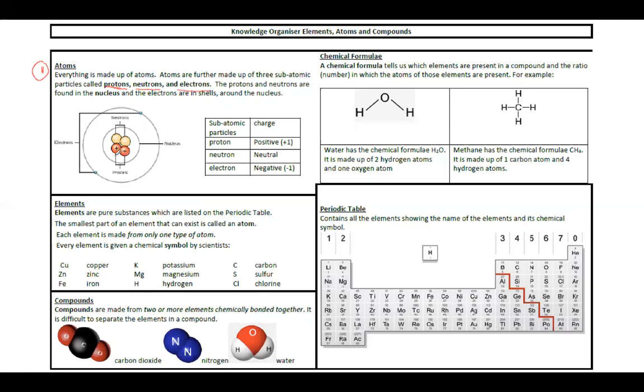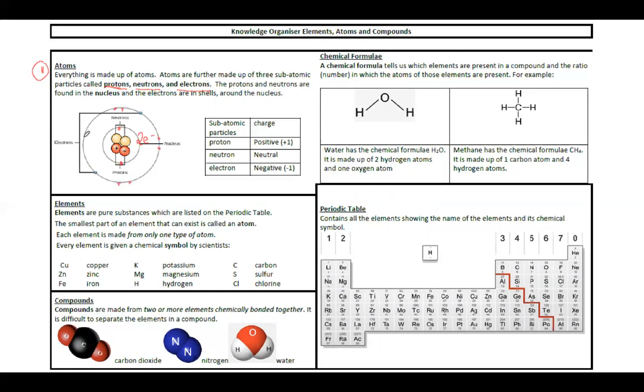Some higher level content, which some of you might have looked at last year, is that there are a number of shells within atoms. Atoms can have loads and loads of shells. The first shell after the nucleus can hold a maximum of 2 electrons, and the second shell can hold a maximum of 8 electrons.